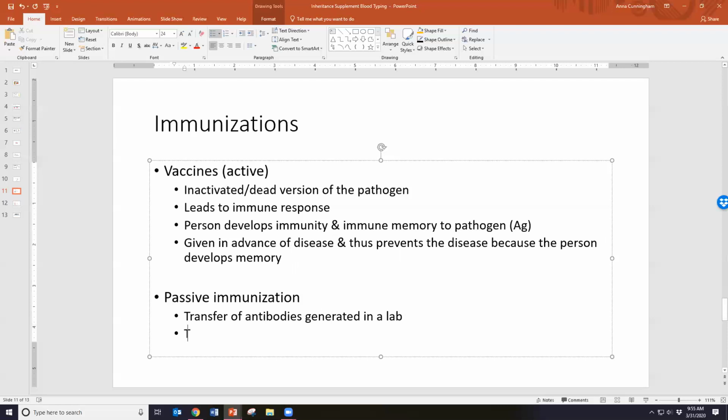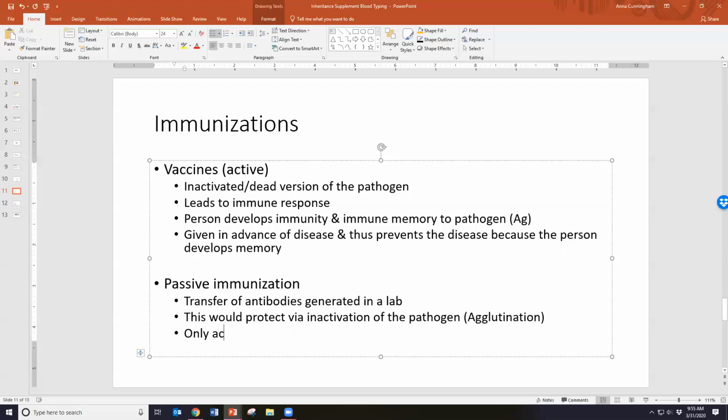So this would protect via inactivation of the pathogen, like agglutination, and there are some other things that antibodies could do, but it is basically only active for the half-life of the antibody, which is about 30 days.